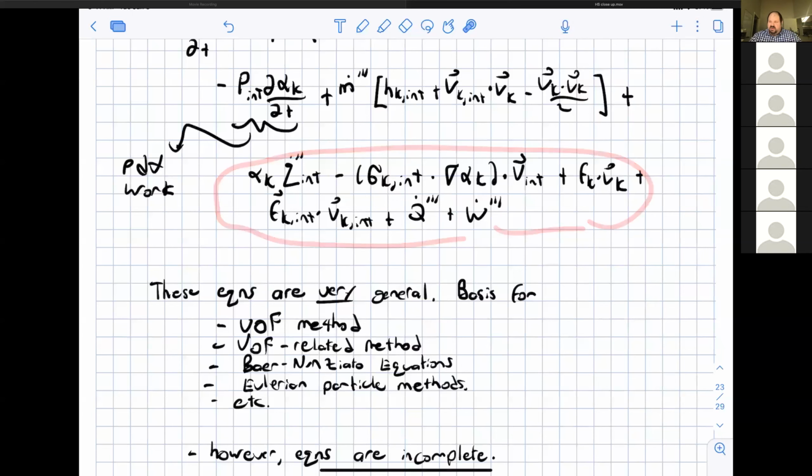Because there are a lot of terms. They're not always important for various flows, and even if they are, some of them you don't know exactly what to do with, like this interfacial shear stress term. If you have a truly subgrid gas liquid surface, there's really not that good of a way of dealing with that that I know of. There's some hand wavy things that are done sometimes, but this stuff gets really complicated.